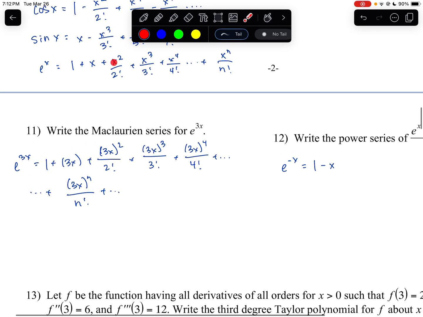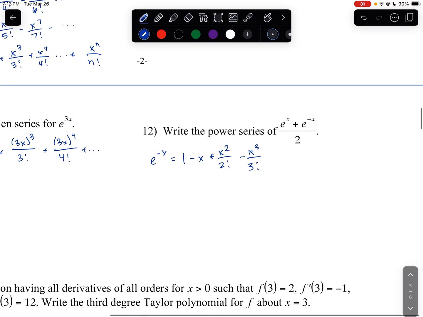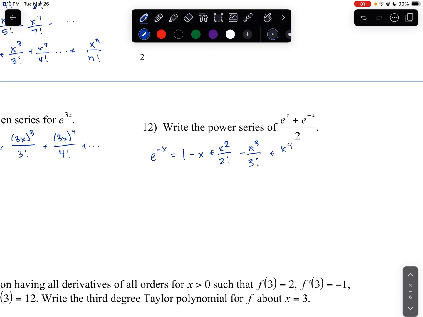But if I plug in negative x here, that's still going to remain positive x squared, and this is still going to remain positive x to the fourth. Odd terms are the ones that are going to turn negative. So plus x squared over 2 factorial minus x to the 3 over 3 factorial plus x to the fourth over 4 factorial, so on and so forth.